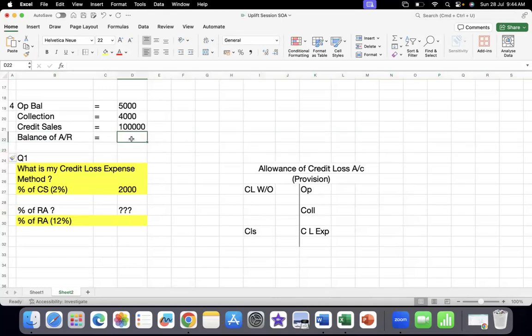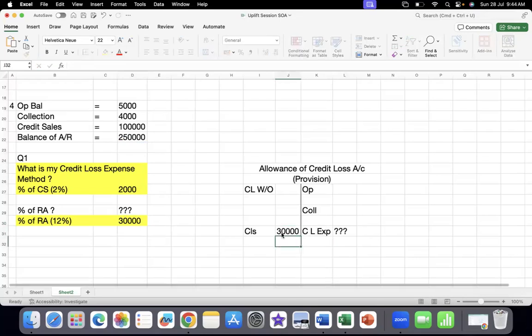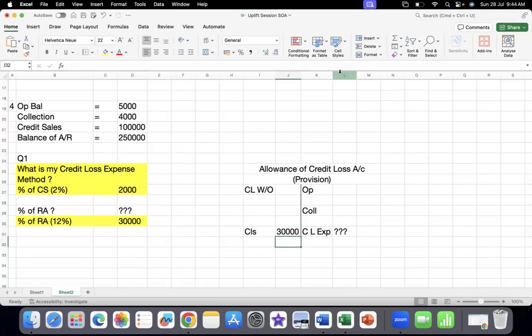So the balance of accounts receivable, or accounts receivable outstanding at the end of the period, would be given to you. Let's say it is 2,50,000 or 250,000. Then the percentage of recoverable amount becomes 12% of this. That is 30,000. And this 30,000 is still not your answer. It is your closing balance.